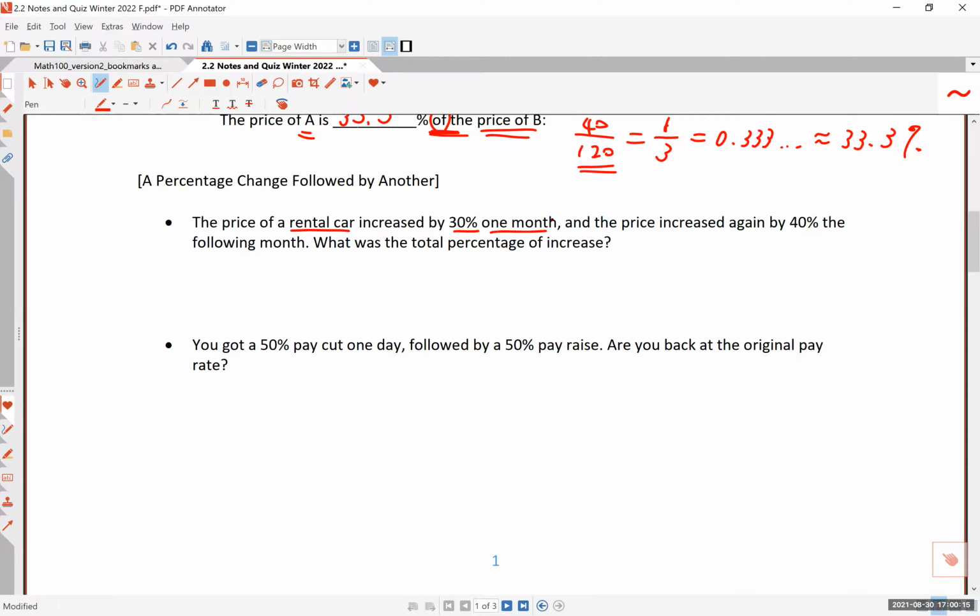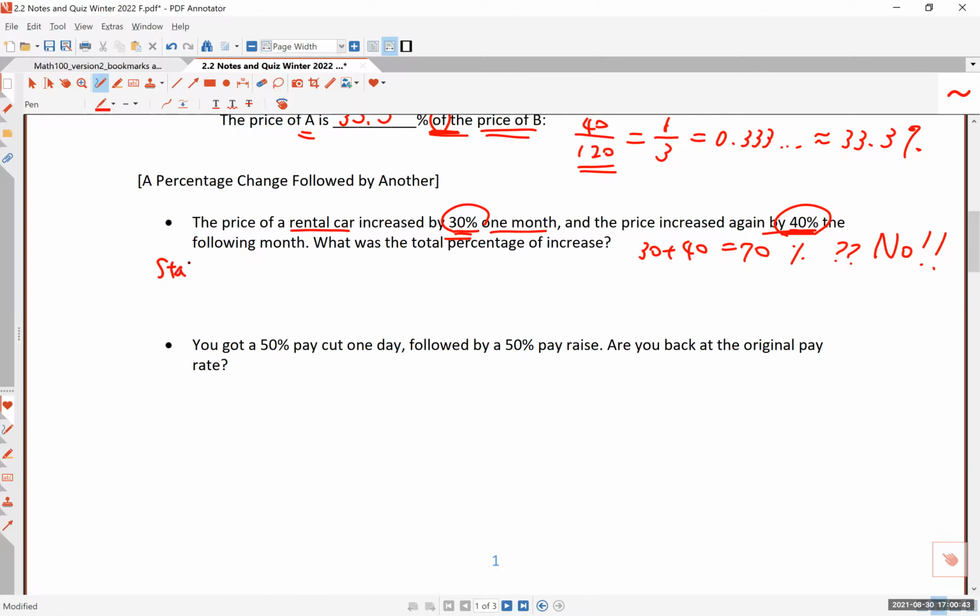So it grows by 30%, and then the price increases again by 40% the following month. So what is the total percentage increase? 30% plus 40% is 70%? The answer is no, we can't do that. We can't add percentages because these 2 percentages are based on 2 different base numbers or reference numbers.